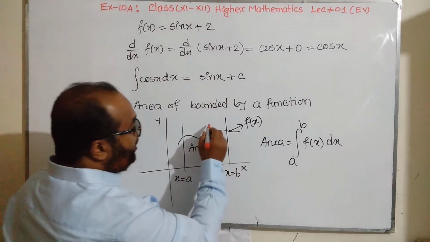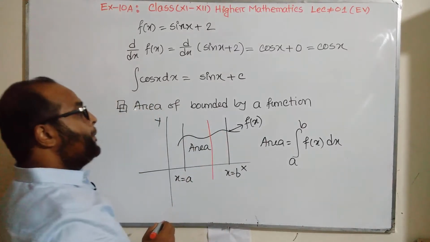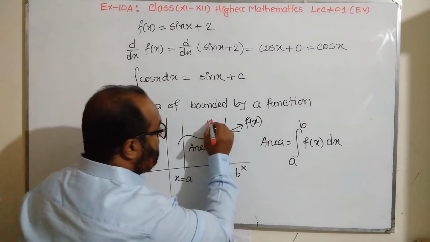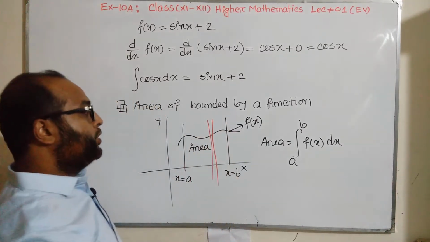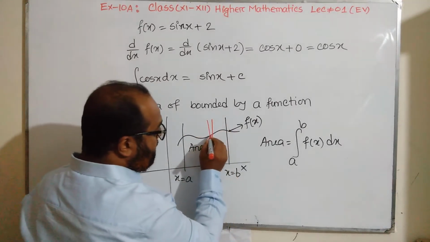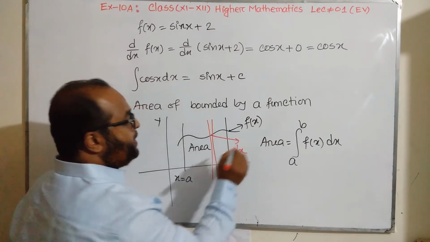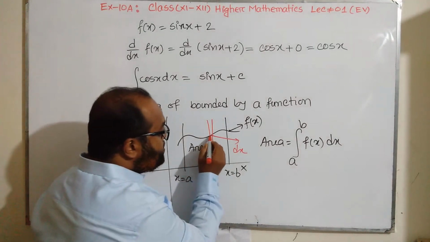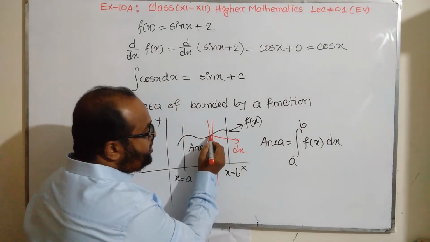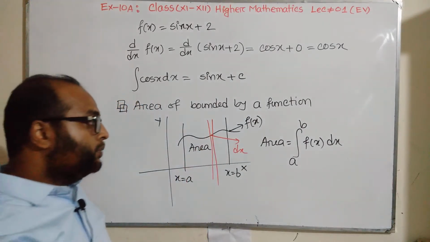If we take a small part from this region, just like a slice, this is dx, and considering the small part, the difference from the curve tends to 0.